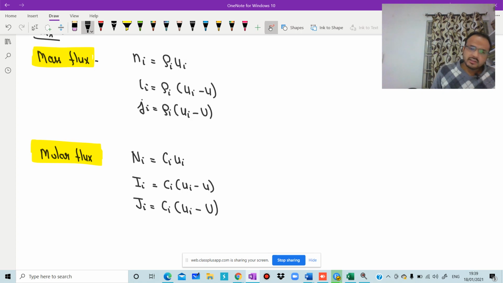Again, Ni is relative to a stationary observer, ji relative to an observer moving with the mass average velocity, and Ji relative to an observer moving with the molar average velocity.